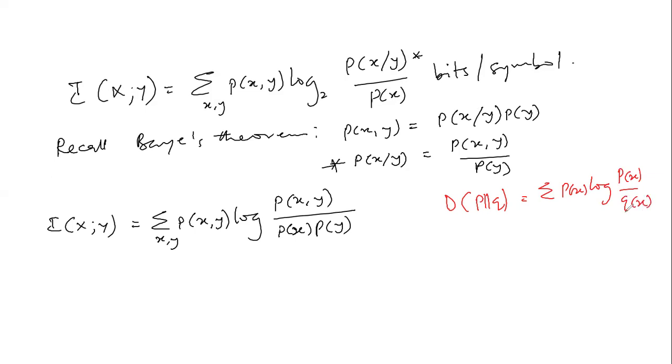Now, if that's a relative entropy, you observe that P is equivalent to the joint probability distribution here, and the product of the probabilities is the same as the Q distribution here. As such, we can now say that the mutual information is the same as the relative entropy between the joint distribution and the product distribution.